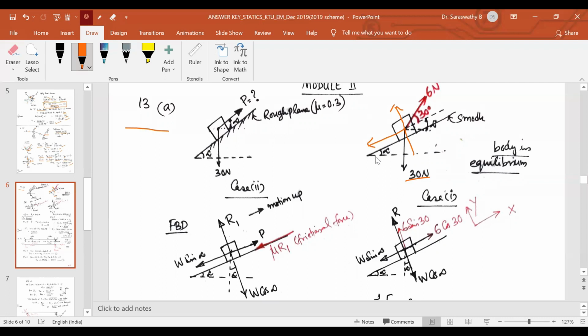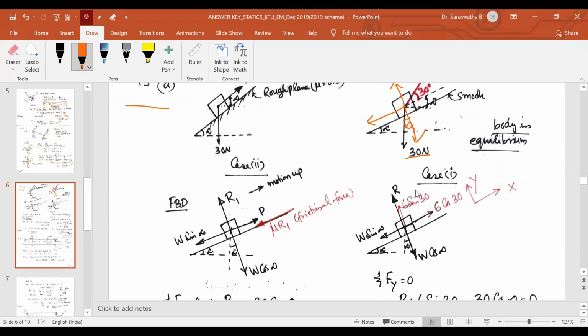If this angle is alpha, the angle between the vertical and the normal to the plane will also be alpha, since the angle between the horizontal and the inclined plane is alpha. So when we resolve it, the component of weight along this direction will be W cos alpha, and the other one will be W sin alpha, that is marked here.